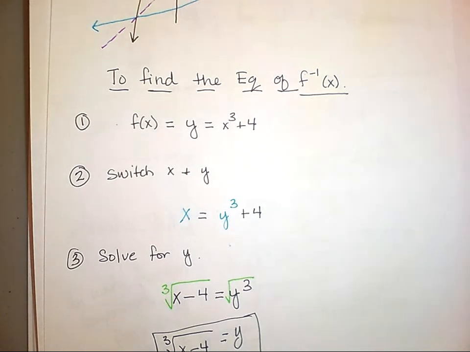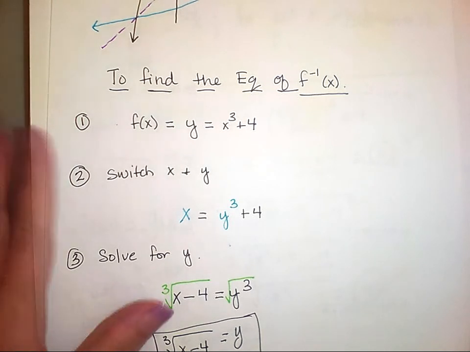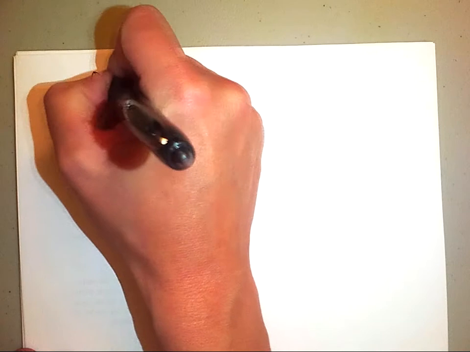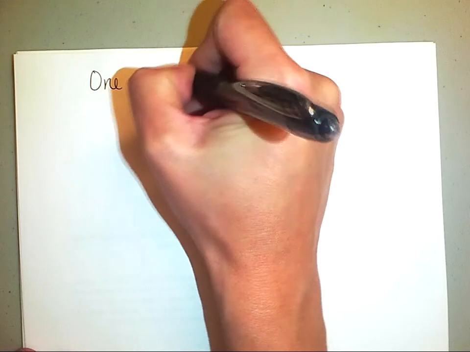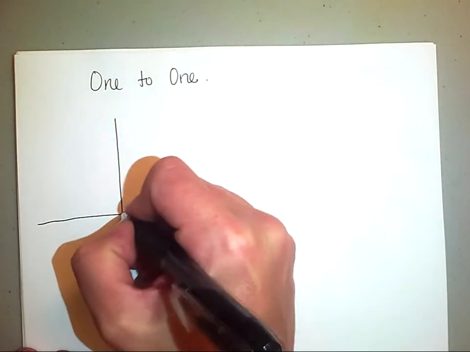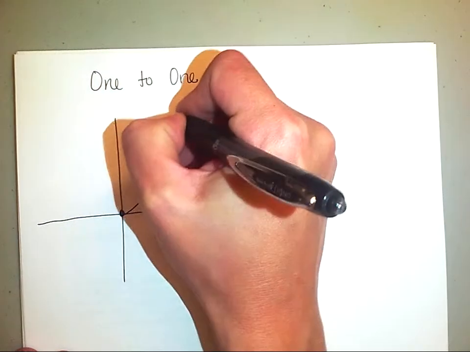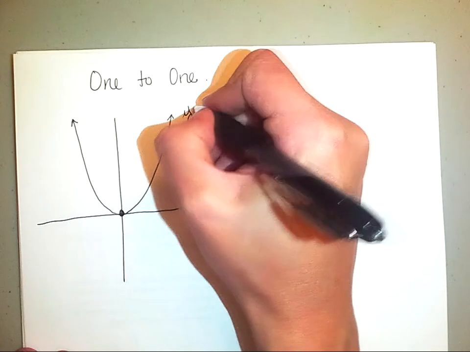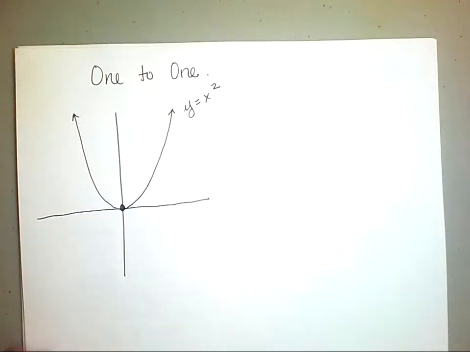Now, let's revisit this topic of one-to-oneness. Let's say, for example, this is the function y is equal to x squared.